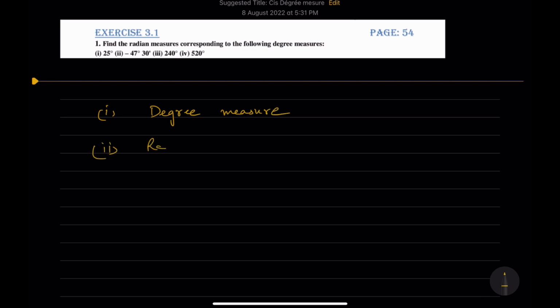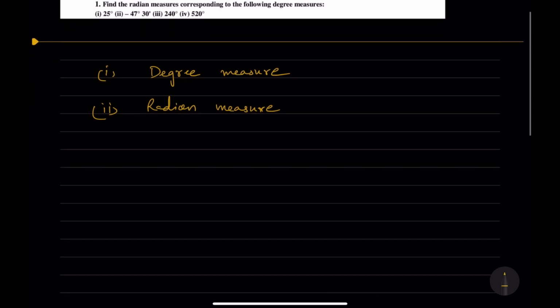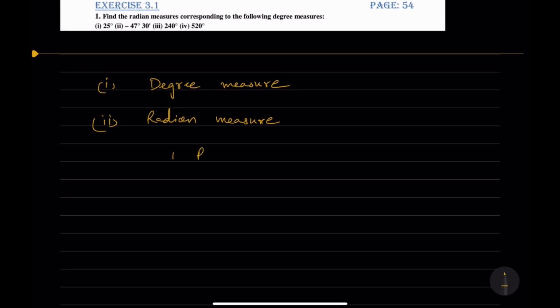Most of you have heard about degree measure, but radian measure is new to you all. We'll see what radian measure is, and how to write degrees in terms of radians and radians in terms of degrees. Here you have one rotation equal to 360 degrees. If you have a point, this complete rotation is equal to 360 degrees.